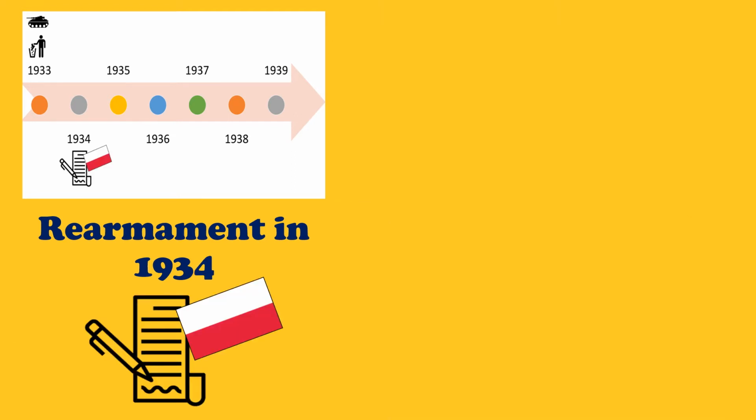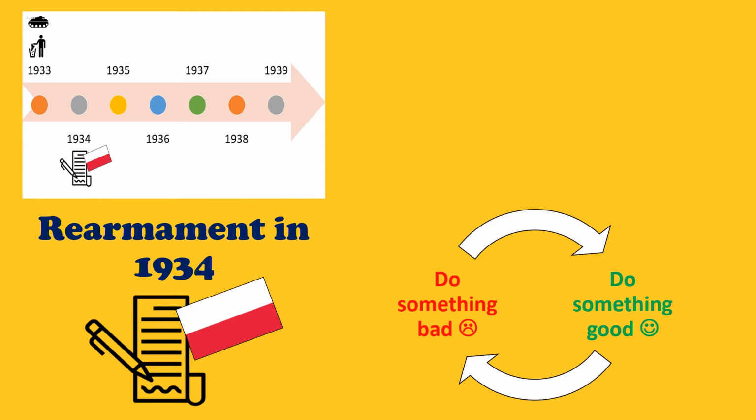The main event from 1934, which we're going to have a look at, is less to do with rearmament, but is more to do with another cycle that's going on that I want to make you aware of. And that is whenever Hitler does something bad, i.e. things like breaking the Treaty of Versailles, he tends to follow it up by doing something good.